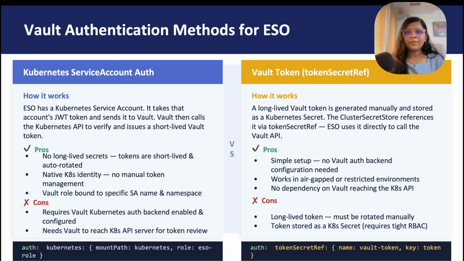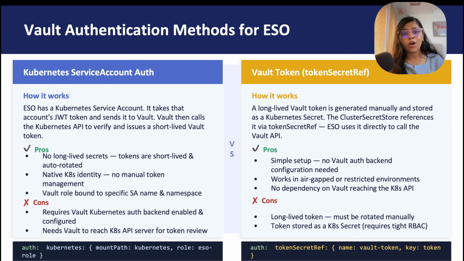So generally in case of production systems, people go with service account authentication. Okay, because though it is a short-lived token and you need to have your Vault backend for Kubernetes enabled, still it is a better approach because you don't need to manage the native Kubernetes secret over here.